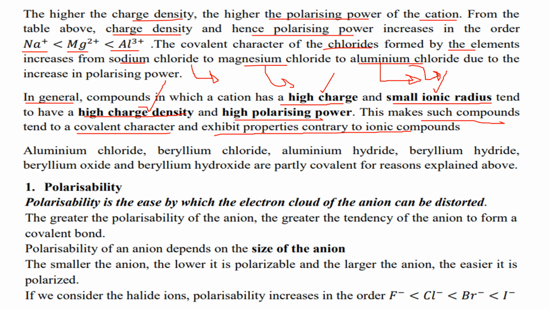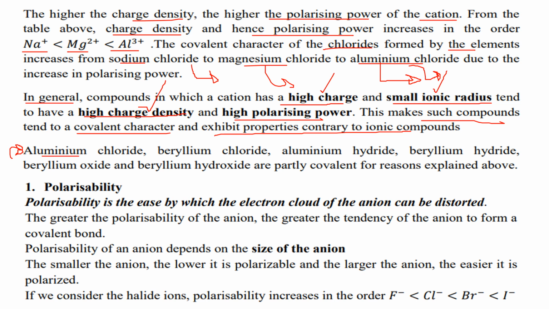For example, such ionic compounds will be able to dissolve in polar solvents, which is not a characteristic of ionic compounds. So we are going to give characteristics of such compounds that are contrary to characteristics of ionic compounds, due to high charge density, small ionic radius, and high charge present on the cations within such compounds.